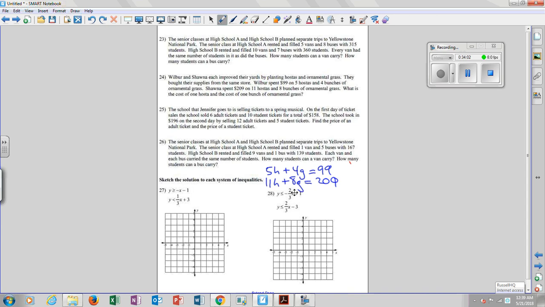Now it's going to ask how much each costs. Do the same thing here, multiply the top by negative 2. So that gives me negative 10H minus 8G equals 99 times 2, which is 198. The bottom stays the same.